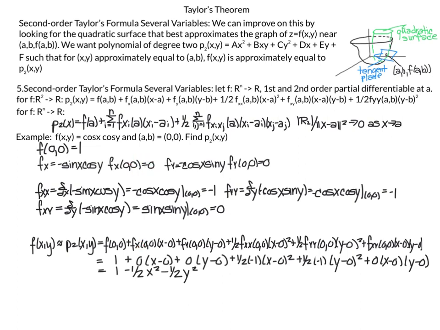That's equal to 0 times x minus 0. f of y at (0, 0) is also 0 times y minus 0. 1/2 f of xx, which is minus 1, times x minus 0 squared, plus 1/2 f of yy, which is equal to 1, times y minus 0 squared, plus f of xy, which is equal to 0, times x minus 0, times y minus 0. So in other words, we get 1 minus 1/2 x squared plus 1/2 y squared. And this is our second order Taylor approximation.